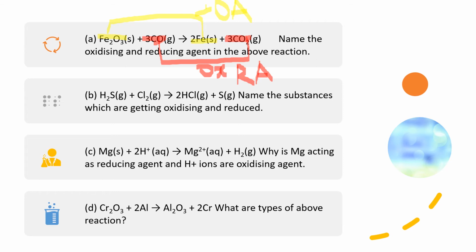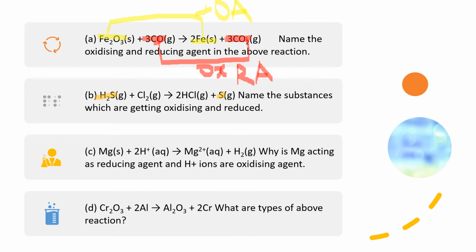Name the substances which are getting oxidized and reduced. Now look here at H2S. H2S is on the reactant side and it changes to S on the product side. So what happens here?